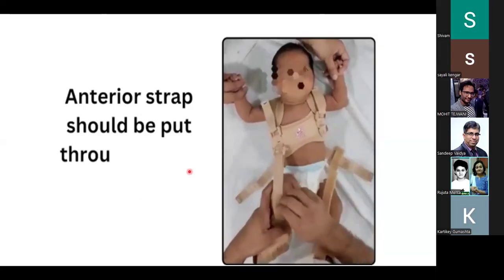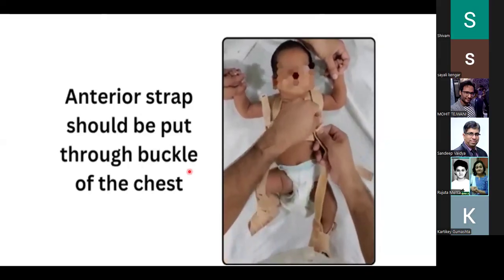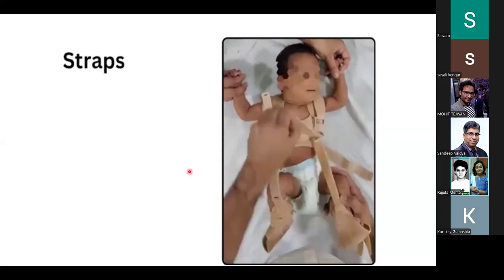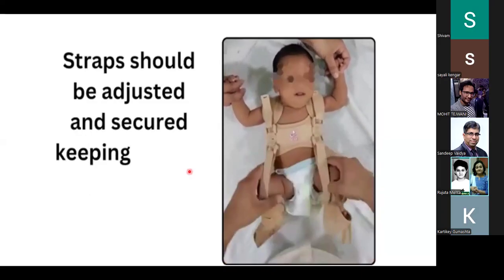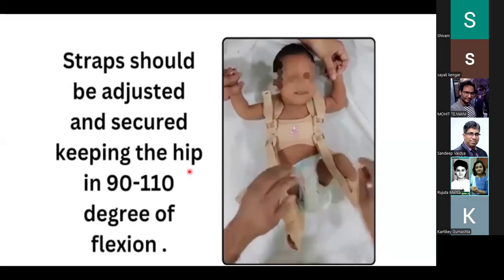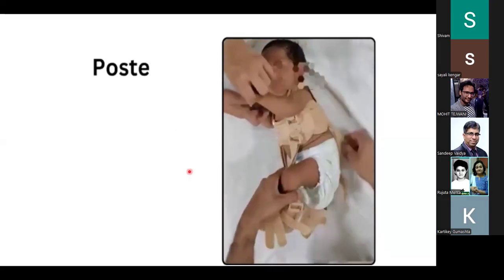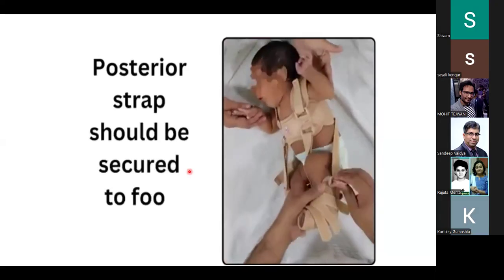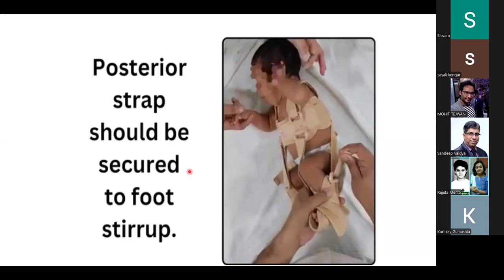The anterior strap should be put through the buckle of the chest piece to secure it, and then the other foot. Straps should be adjusted and secured, keeping the hip in 90 to 110 degrees of flexion. Then the posterior straps should be secured to the foot.